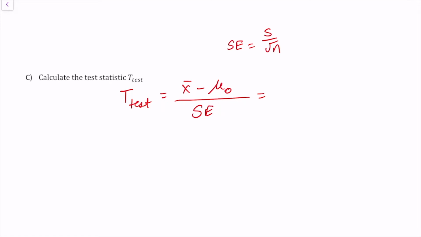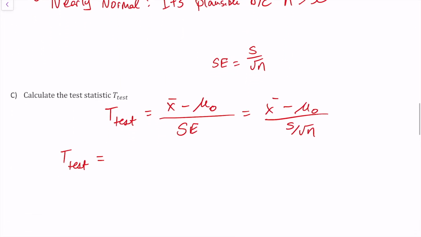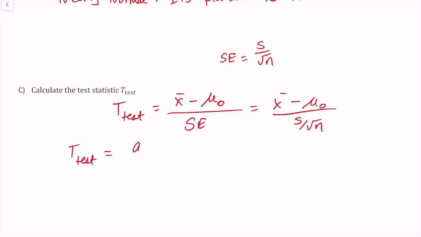I'm just going to plug that into this formula. All right, let's get some values here. Our test statistic for this t-distribution will be X bar. What was the sample mean from those 36 bids? It was 9560.